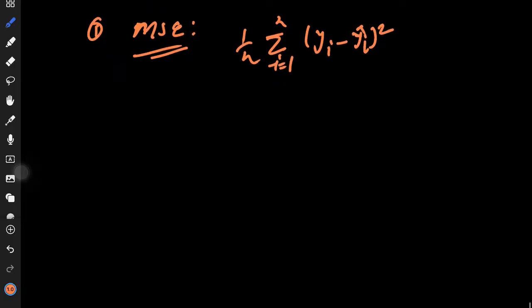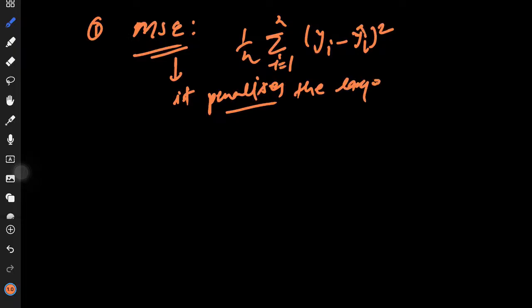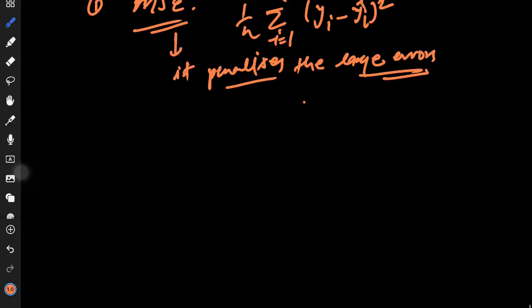This is our mean squared function. What it does is penalize the large errors more heavily.